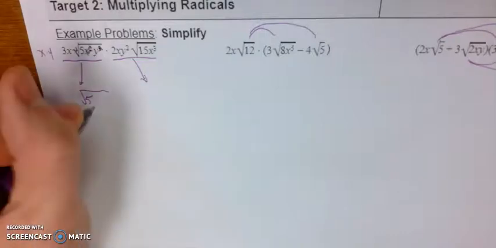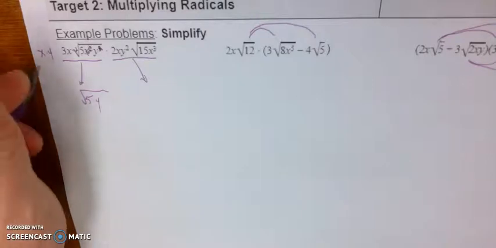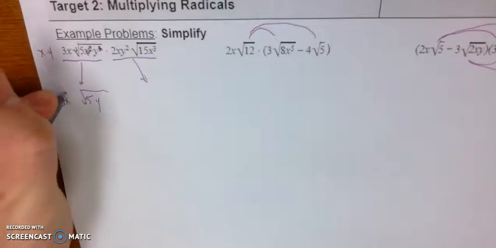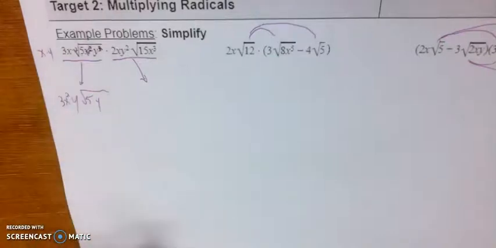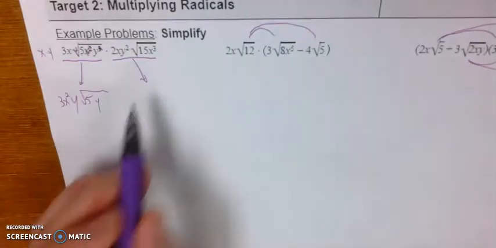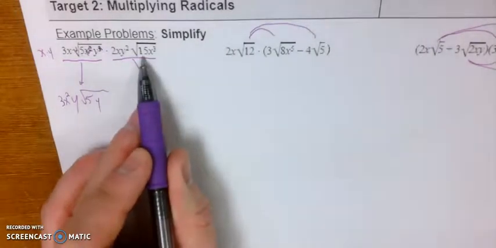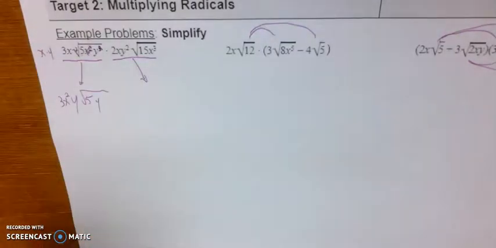Okay, so if I were to do that, this would be 3x squared y, right? Because I have x times this x here. So that's what this thing simplifies into. Over here, we'll do the same thing. I can't really do anything to a 15, right? That breaks down into a 5 and a 3 if I were to try to break that apart. But 5 and a 3, there's no pairs there.